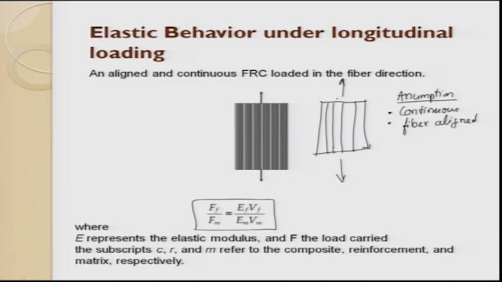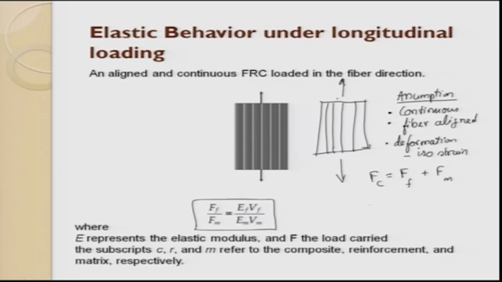And I assume that the deformation of both matrix and fiber is the same. So that means to say it is an iso-strain condition. So FC, the load which is carried by the composite, is nothing but the load carried by the fiber plus the load carried by the matrix.